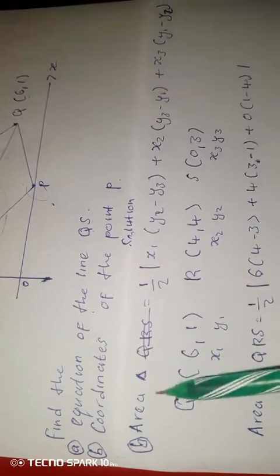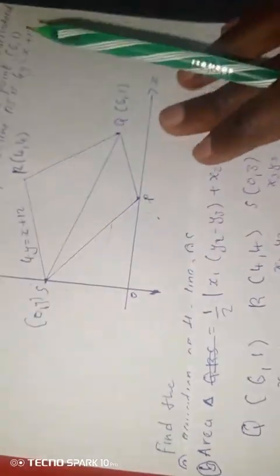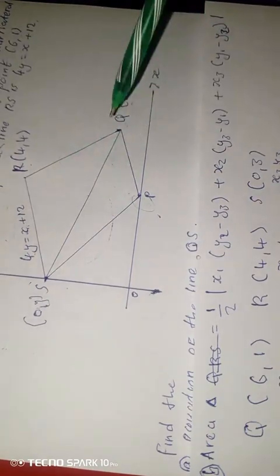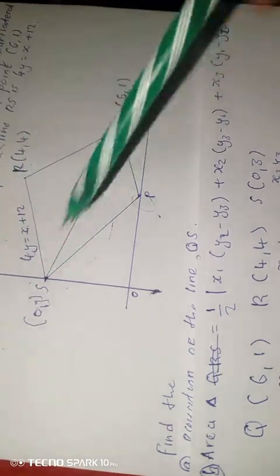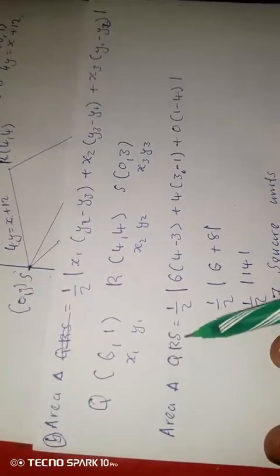So this is the formula for the area of a triangle. First, we'll calculate the area of triangle QRS, because we have the coordinates for S, R and Q. So this is the formula to use. Let's calculate the area of triangle QRS.